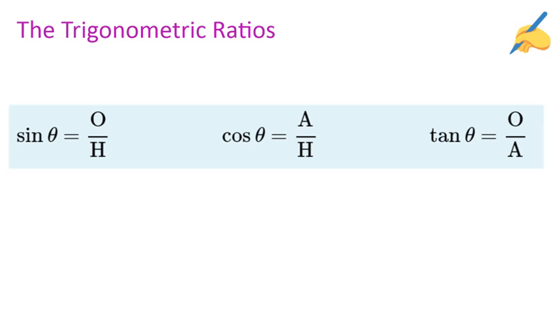So we remember these using the phrase SO, or the S, the O and the H, CA, C-A-H, and TOA, T-O-A. So SO, CA, TOA. One of my old students used to say suck my toe, but that's not it.